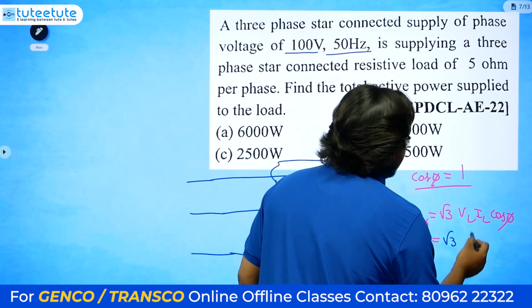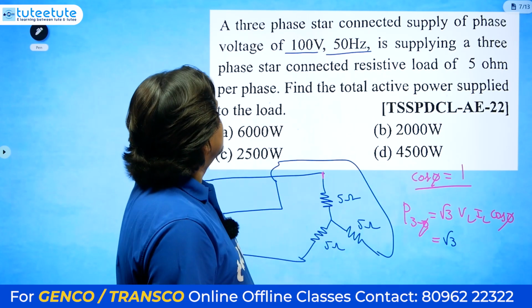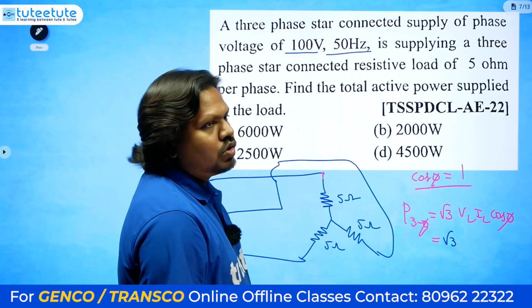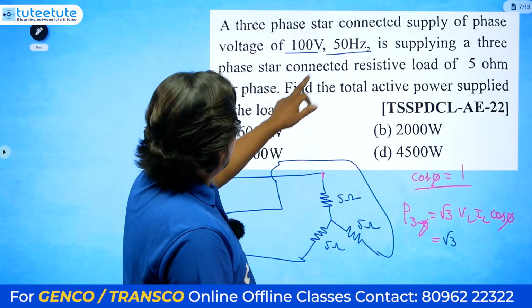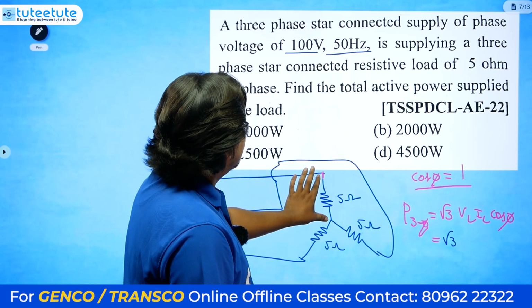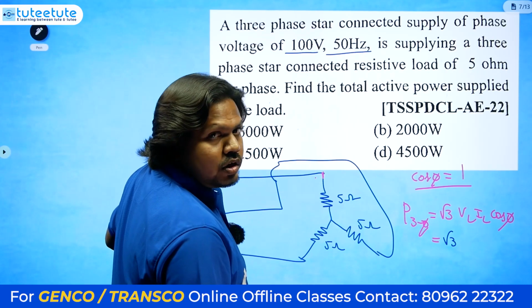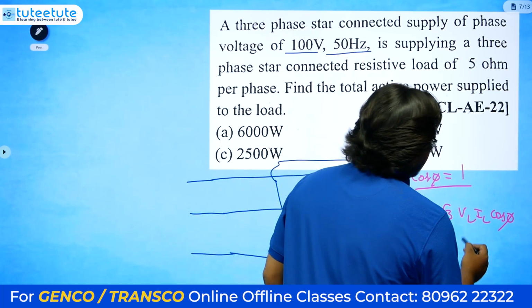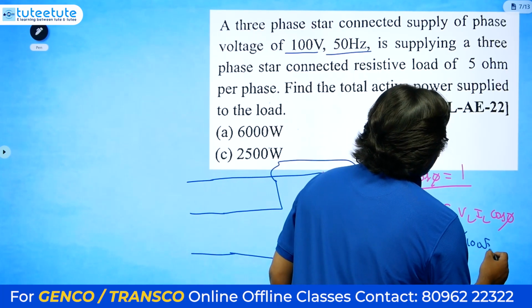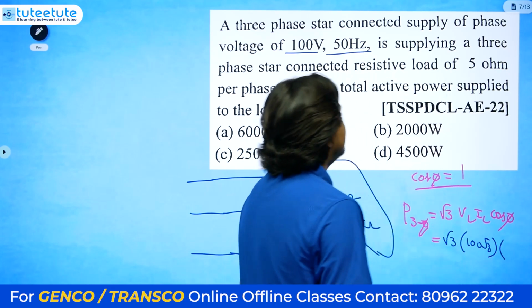What is the voltage VL? Phase voltage of 100 volts they have mentioned. If phase voltage is 100, then line voltage will be 100 into root 3. So what is the IL value?